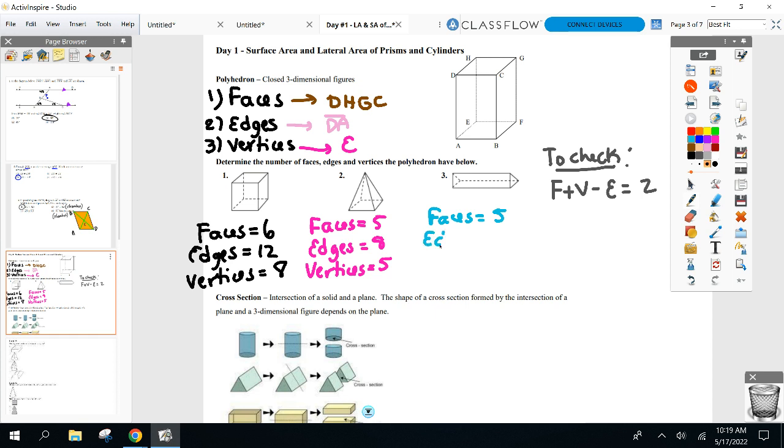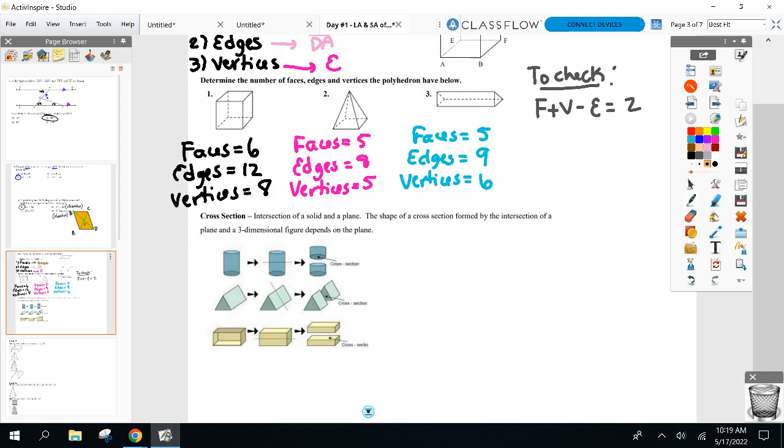How many edges? 9 edges. And then how many vertices? 6. Does that fit into my check? 5 plus 6 minus 9. It's always 2, guys. I don't know how. It's always 2. Questions from you guys? Faces, edges, vertices. All right.